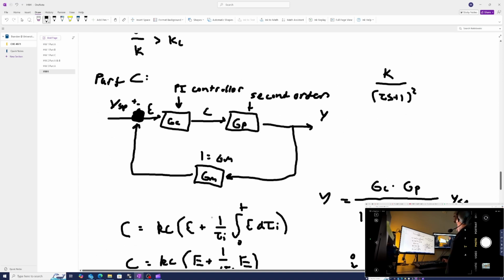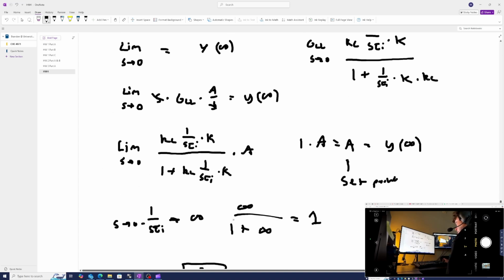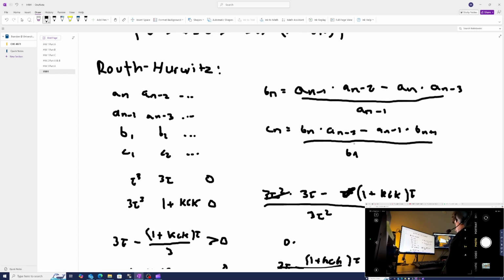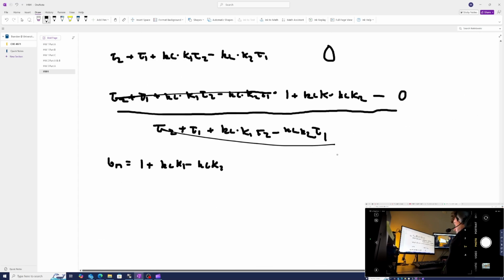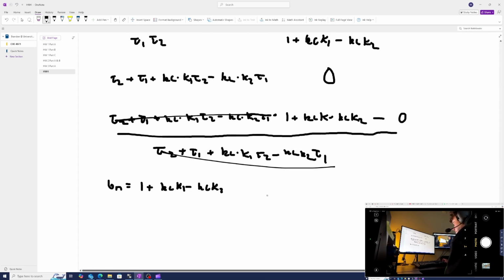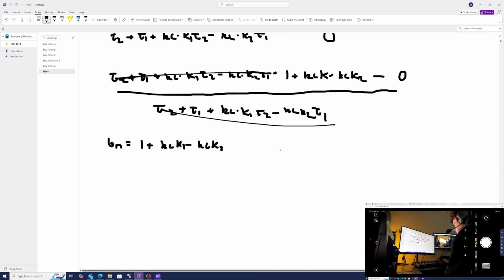So that would mean our next step is to get our Cn. So our Bn times an minus 3, an minus 1, Bn plus 1, which is just going to be 0 because our Bn plus 1 is also going to be 0.